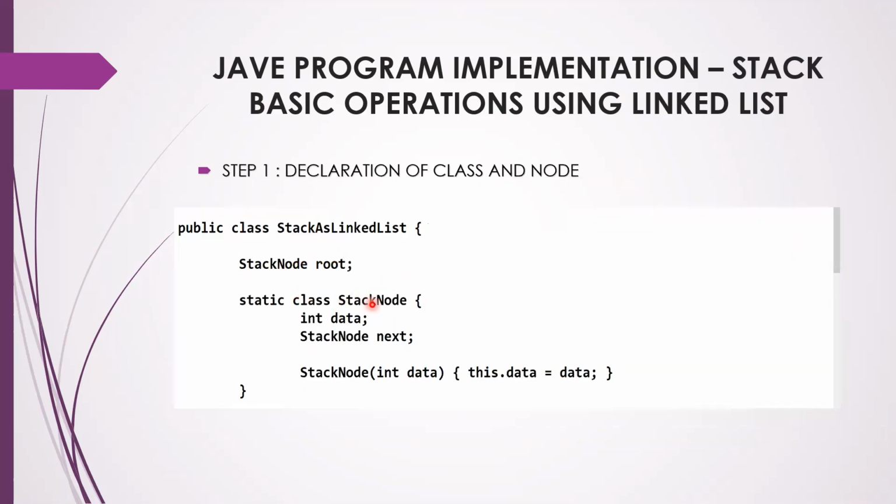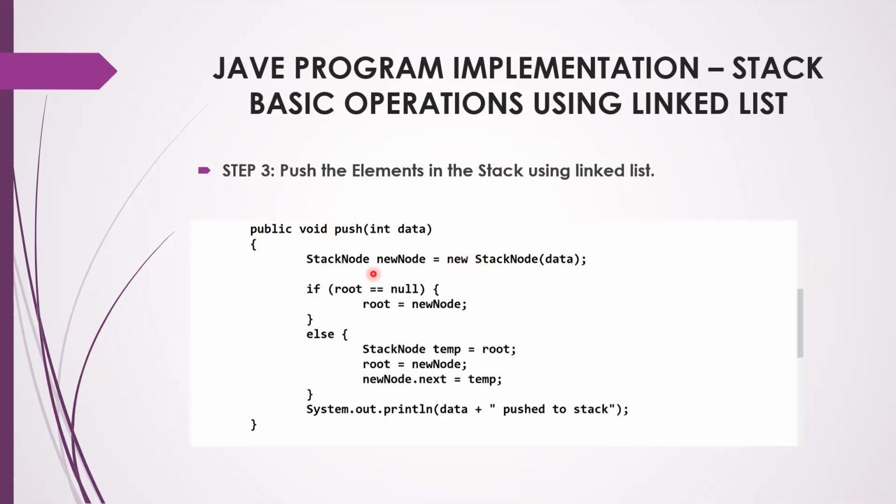The class which you have created is stack node. Using that only you can create a node inside the linked list. This is like a template. I've told you already. So for that you have to create an object, new node, and using the new operator, you're calling the constructor and passing the parameter data.